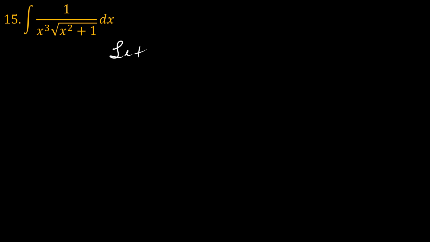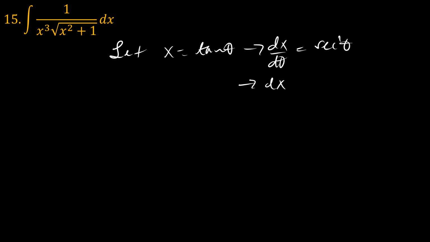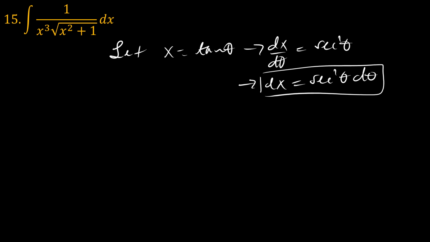So just say let x be equal to tangent of theta, and that means that dx d theta is equal to sec squared theta, implying that dx can be substituted by that. So in other words, in the theta domain we have that, right?